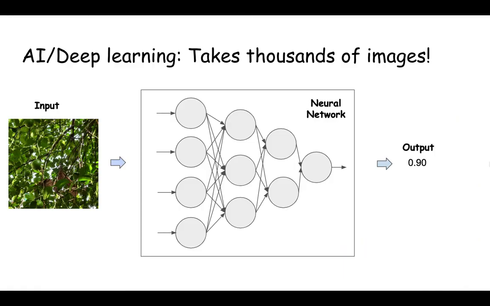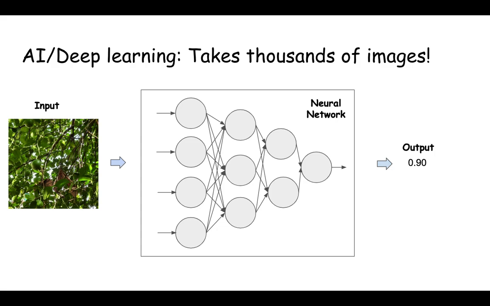We are going to now use deep learning to teach the computer to detect lemons on the tree, so that we don't have to do that manually. What you see here is a very crude intuition of what happens in the background. There are input images, these are labeled images.